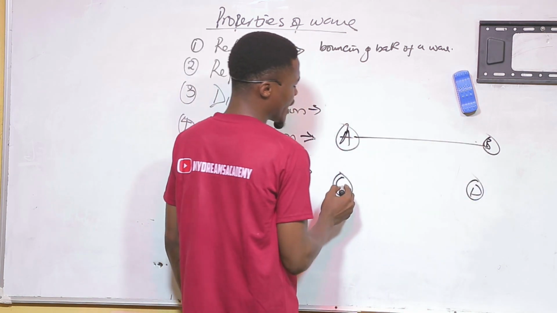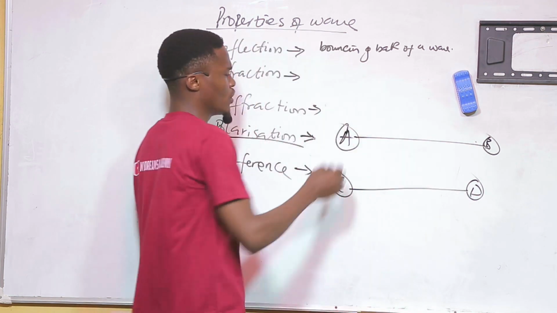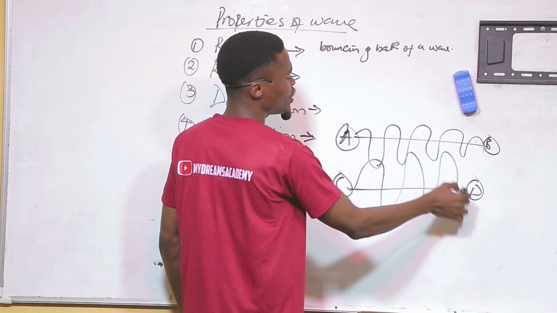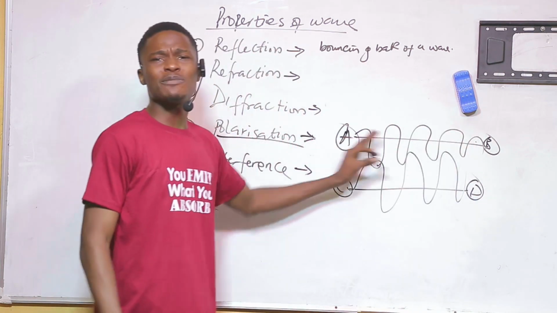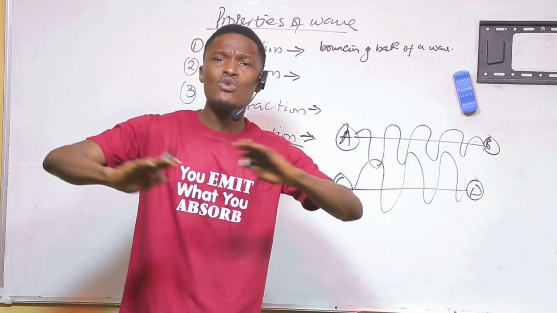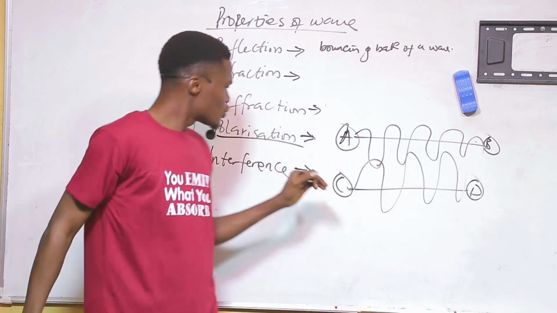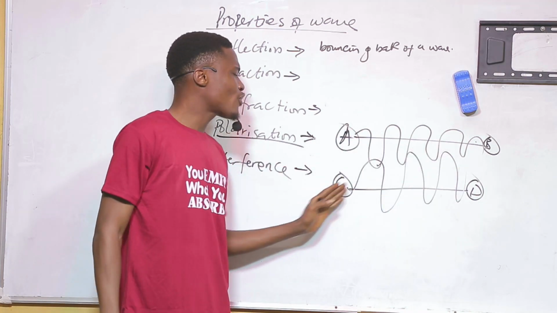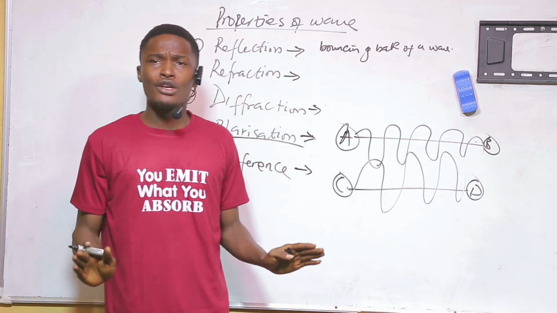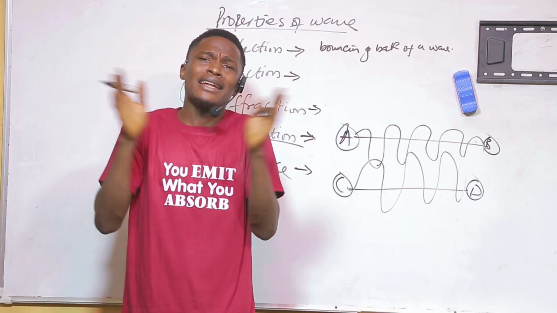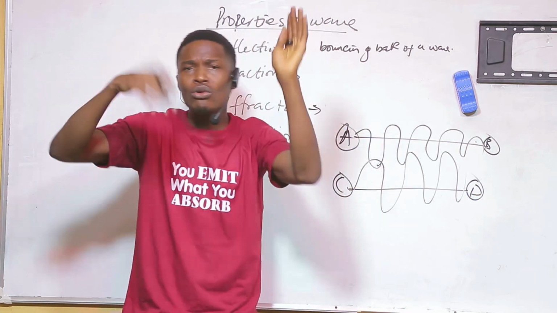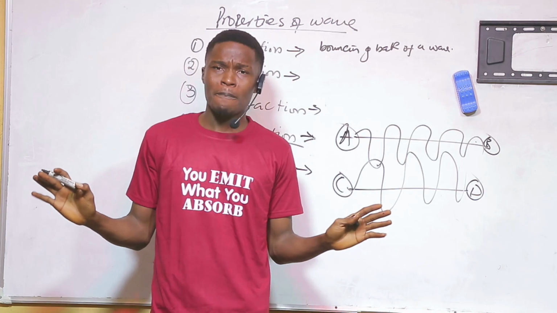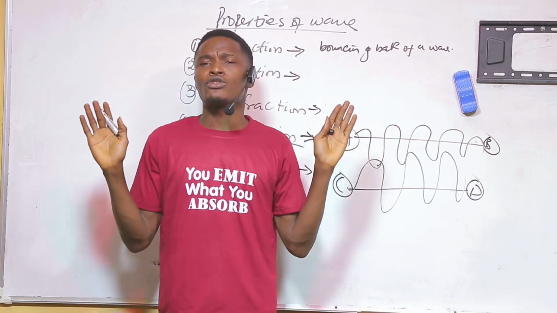During their motion, the waves might collide with one another, but because they are transmitted at different frequencies, they would not disturb each other. The wave coming from Mr. A will just go, and the wave coming from Mr. C will also go. Both of them might collide, and as they collide, they will just go their own separate directions without interfering with one another.